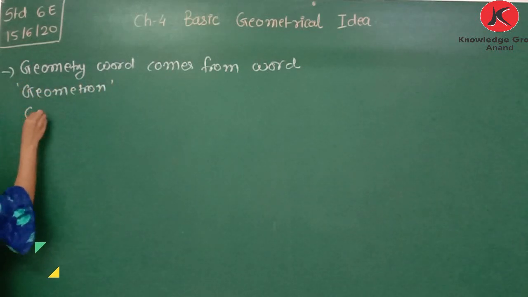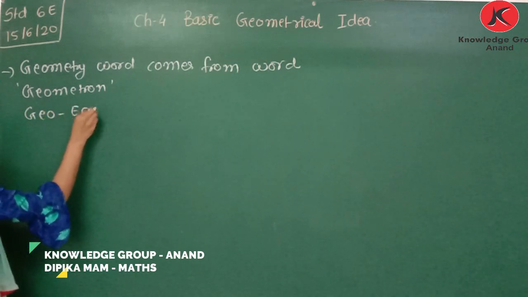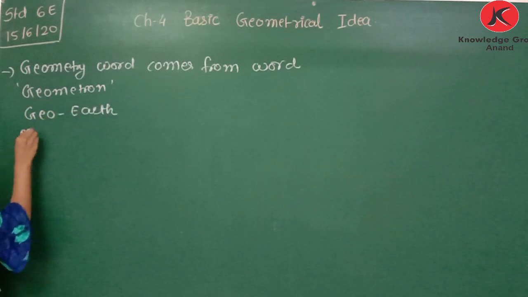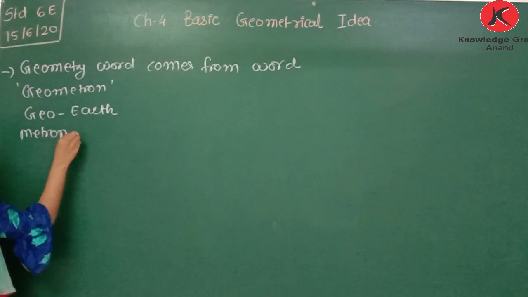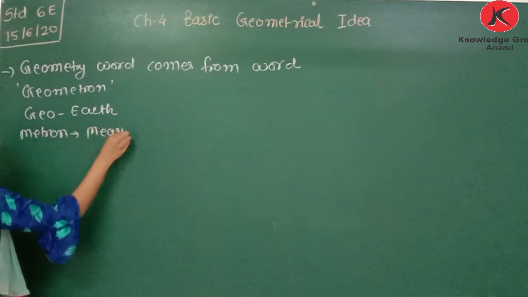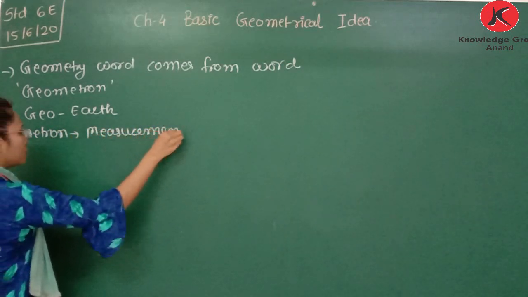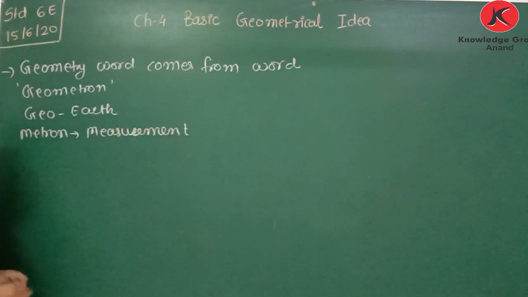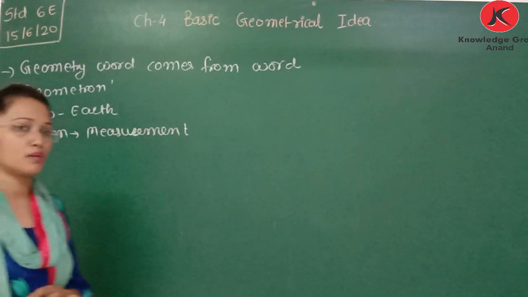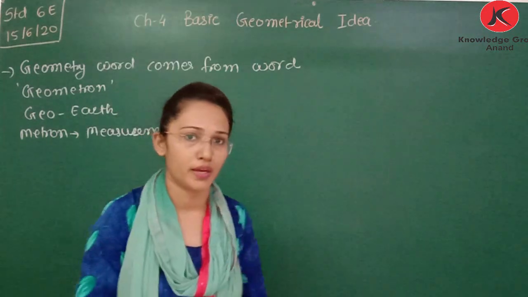Geo means earth and metron means measurement. So whenever we are considering any kind of measurement, it is the concept of geometry.